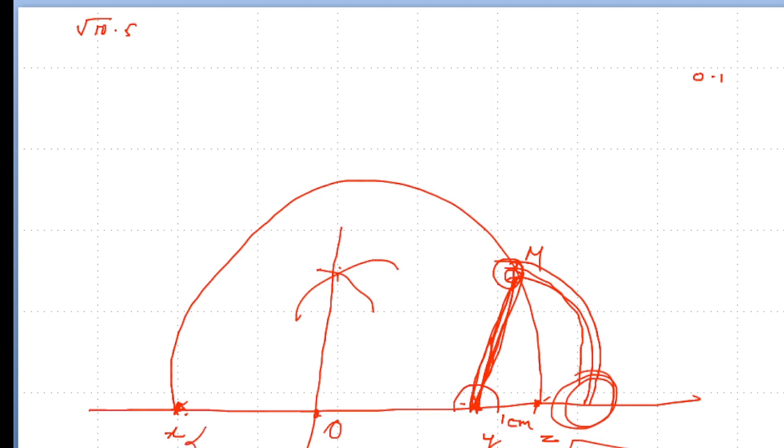So this distance is 10.5, here this is X, and this distance is the square root of 10.5. Got it? This is how you make the real number representation.